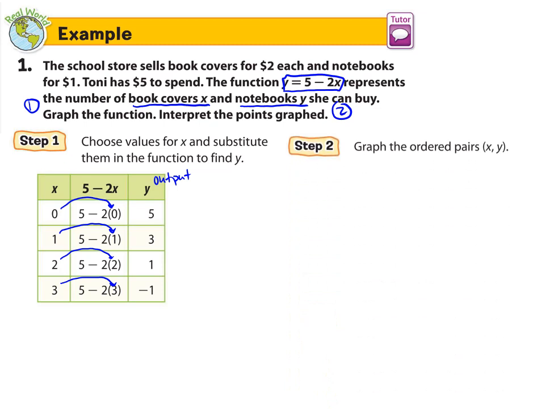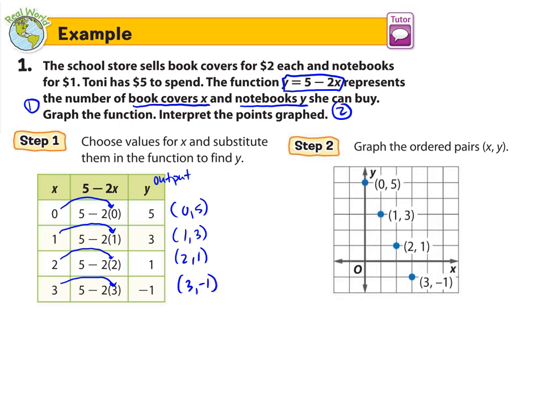So our step 2, now we can get ordered pairs from our table. We have (0, 5) as our first pair, (1, 3), (2, 1), and (3, -1). So to graph these ordered pairs, here's what the graph looks like. (0, 5) up here at the top.